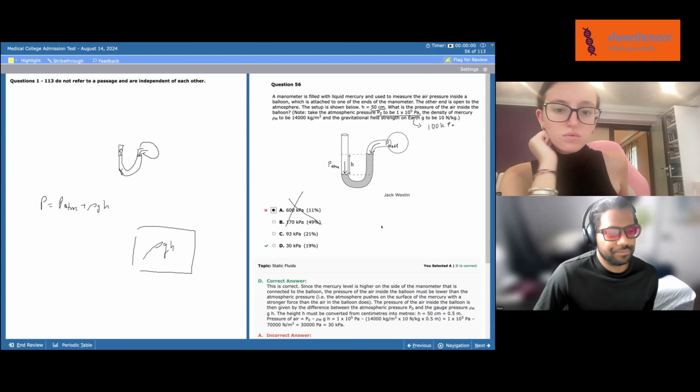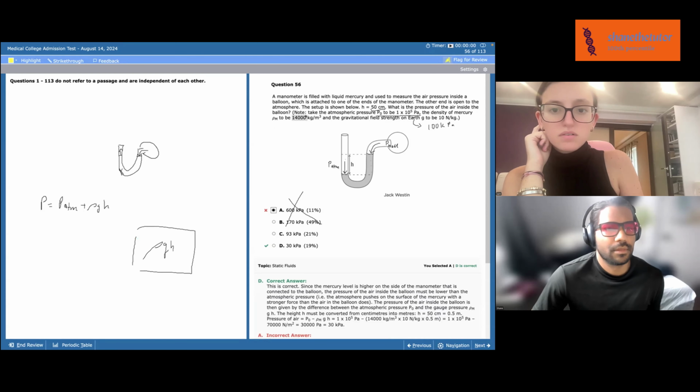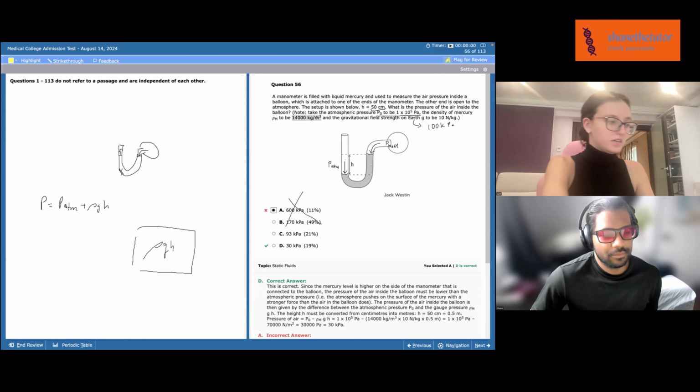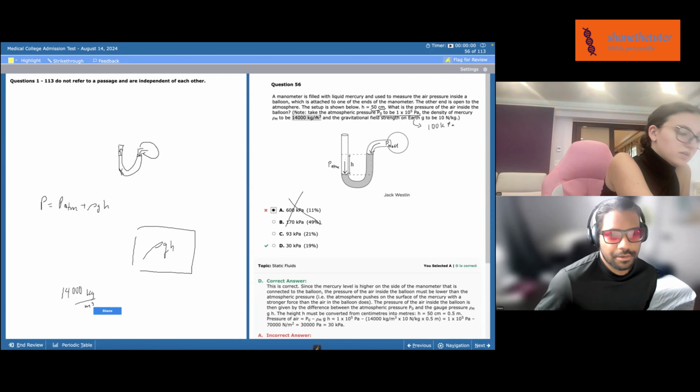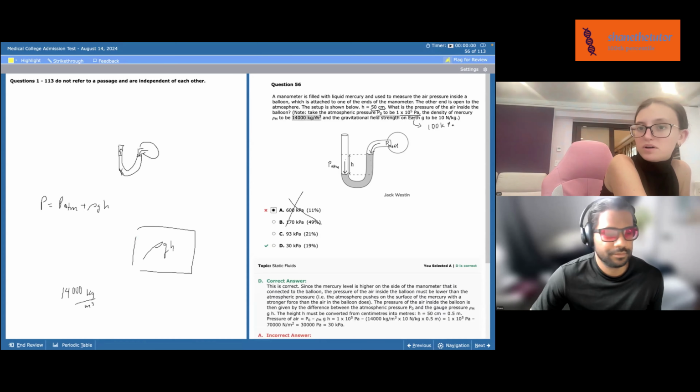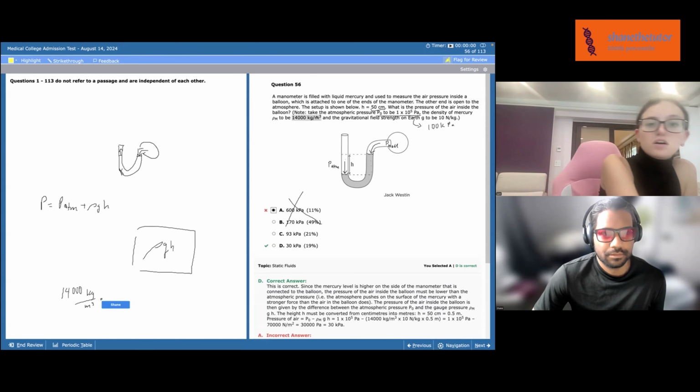And rho here would be this value. So we have 14,000 kilograms per meter cubed. We have 50 centimeters, so that's important to change.